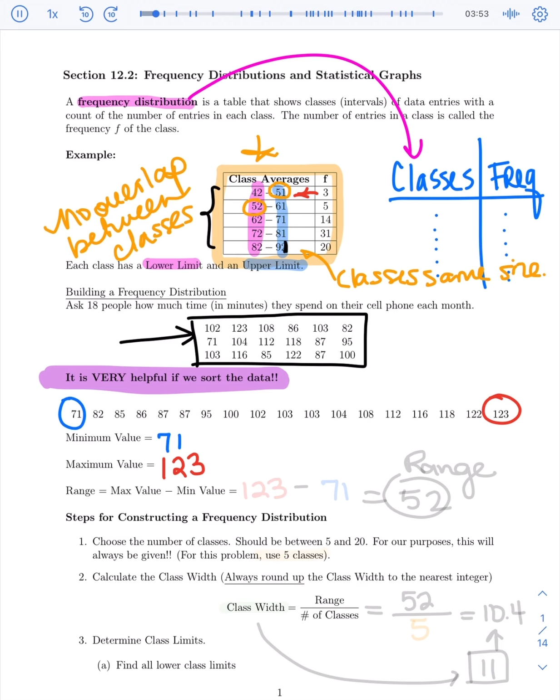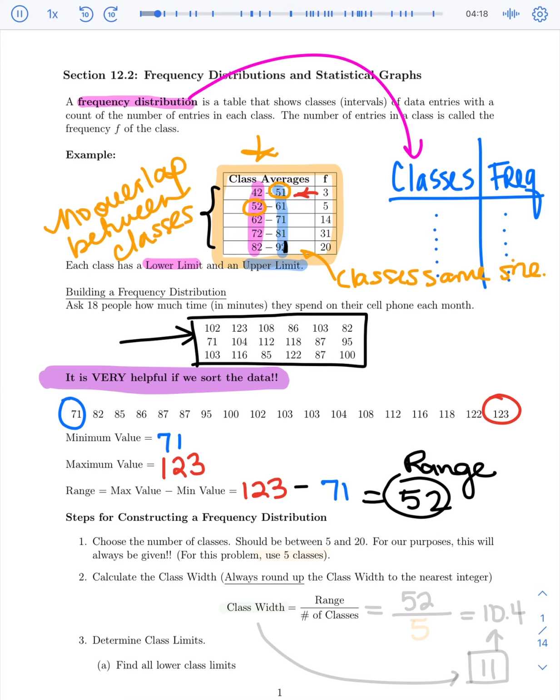Well, to figure that out, you'll take the highest, which is 123, minus the lowest, which is 71. And that gets us a total of 52. And that's what's called our range. That's how many numbers we need to include in our classes.